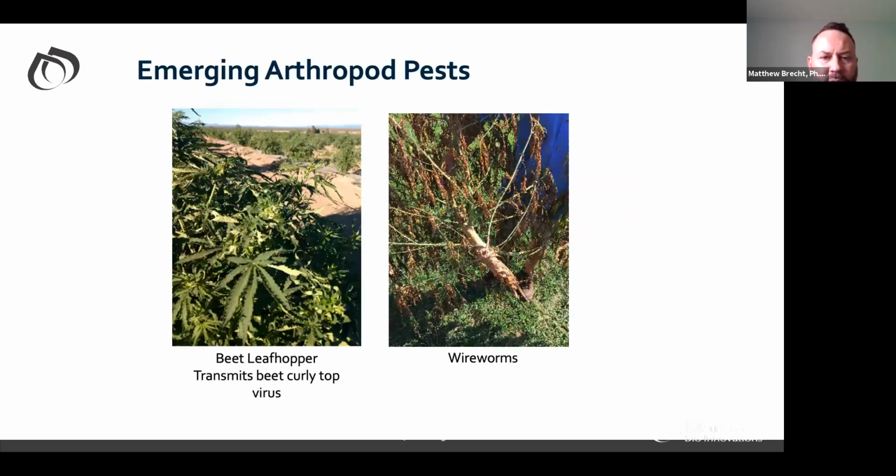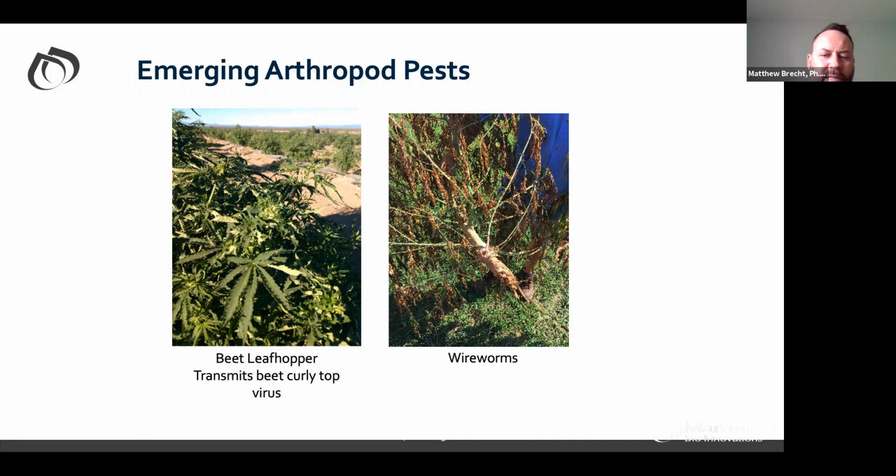Some of the emerging pests to keep an eye on are beet leafhopper, which will transmit a virus called beet curly top virus. We've seen that pop up here in southern Oregon and California. And then we have something called wireworms.